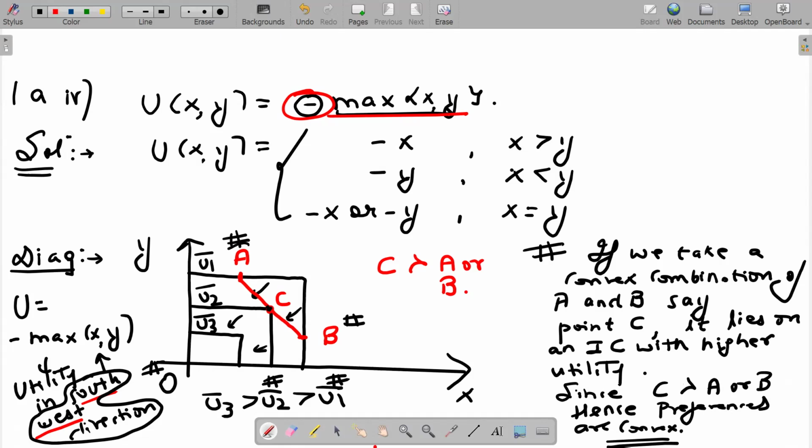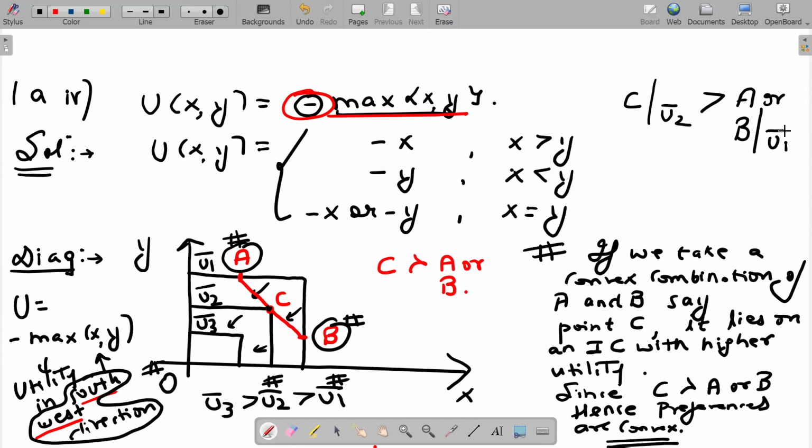If I take a weighted average of A and B, suppose I call the weighted average C, C lies on an indifference curve with a higher utility. The utility you get from C is U2 bar, which is more than the utility you get from A or B. The utility you get from A or B is U1 bar. So because the average bundle is preferred over the extreme bundles, preferences are convex.